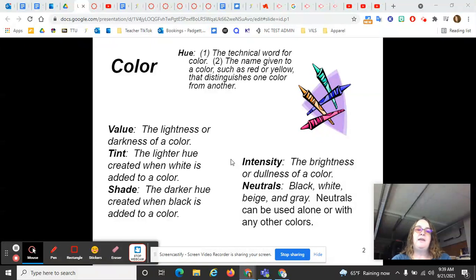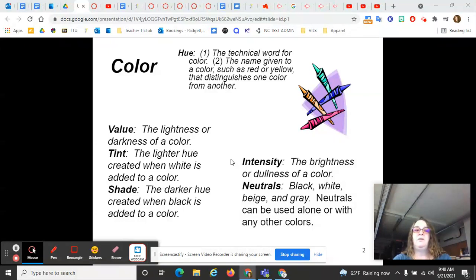So if you're thinking about a color wheel, okay, you have your base, your hue, then you have your tint, which you've added white to, and then you have your shade, which you've added black to, okay? Intensity is how bright or how dull the color is.